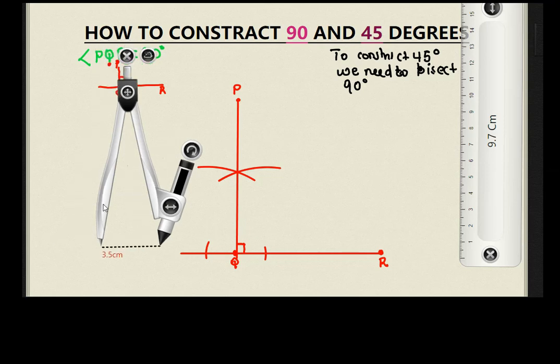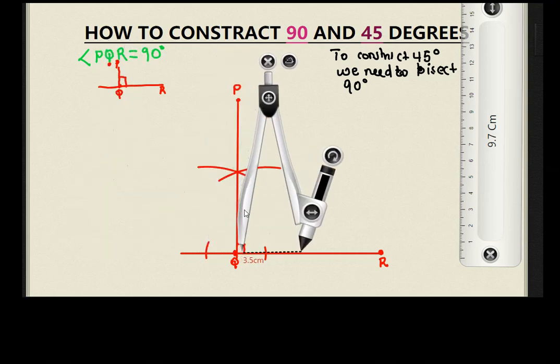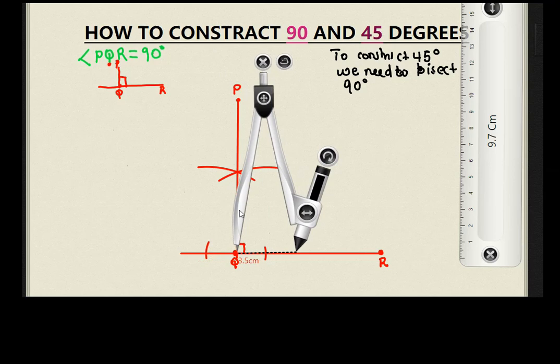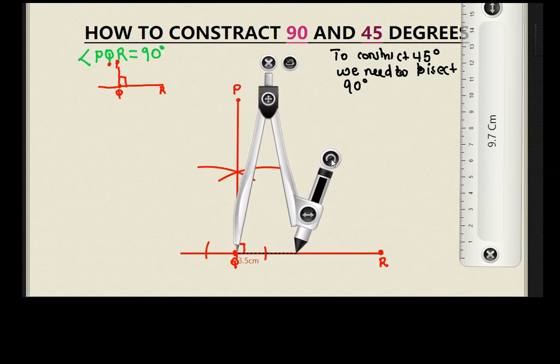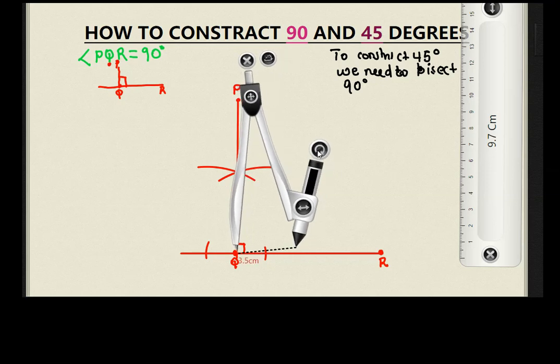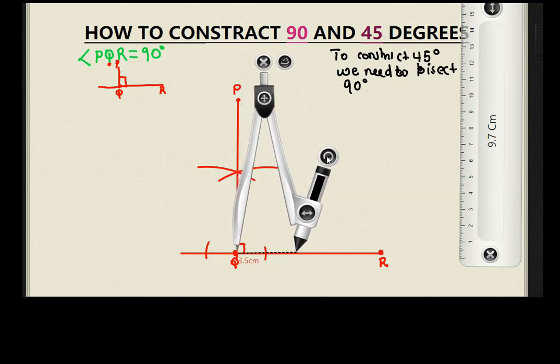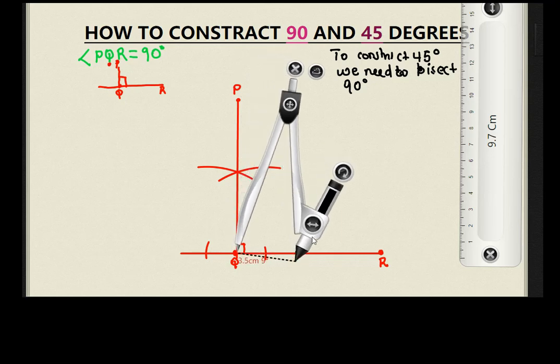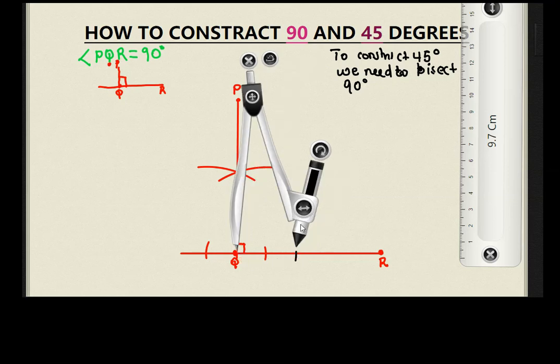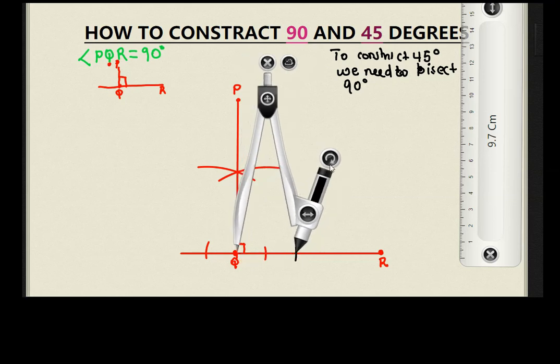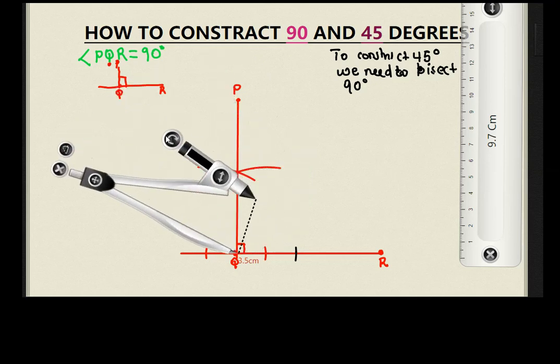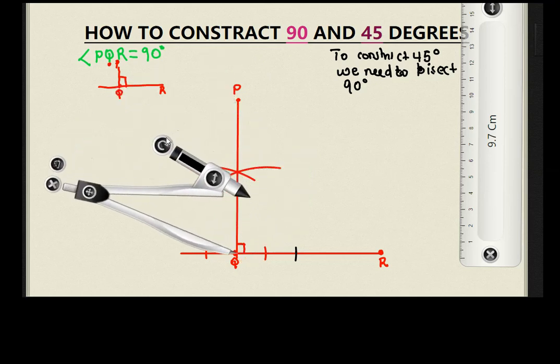I shall bring my compass at that point, and I've placed it properly. Then I'll now draw an arc on this line and also on this line, an arc like this. Again, I'll draw an arc on this line.